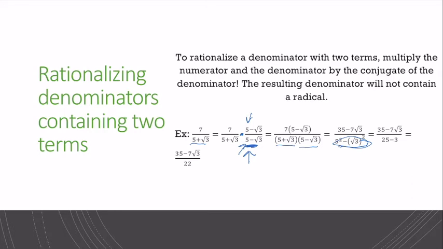So that gives me 25 minus 3, which is 22, and I can go ahead and distribute this 7. So I have 35 minus 7 square root of 3 in my numerator. So there's a worked out example.